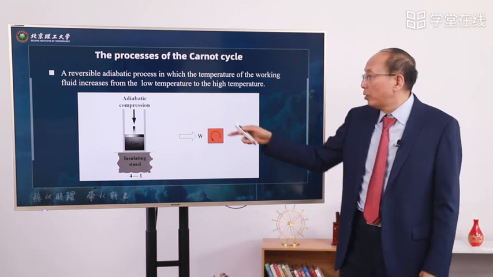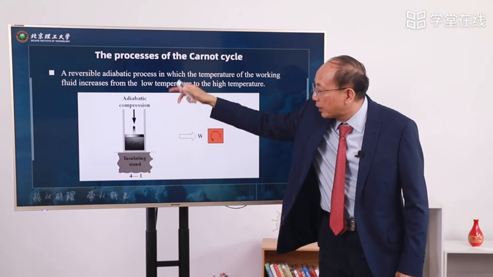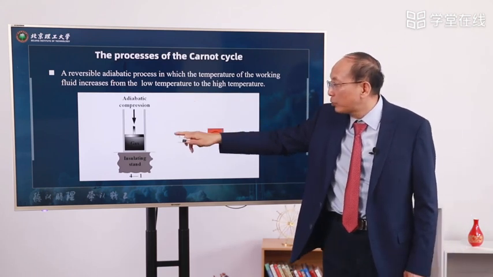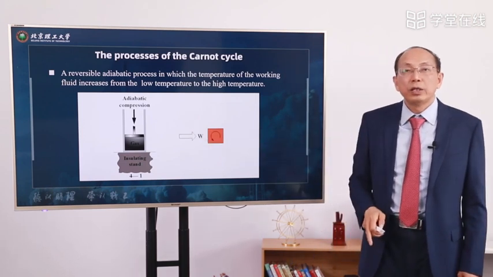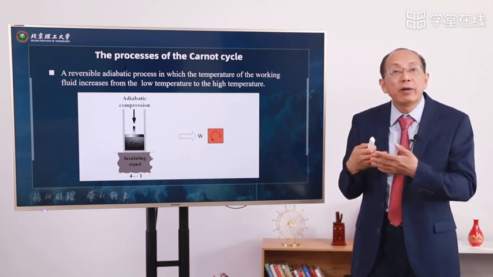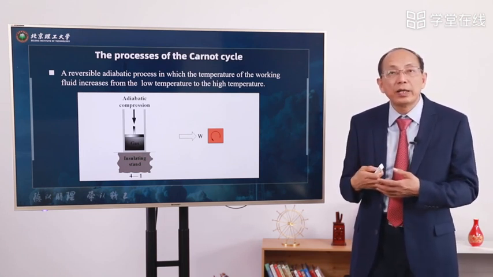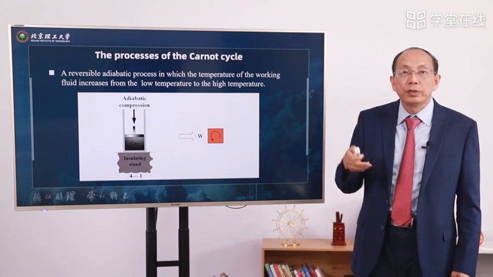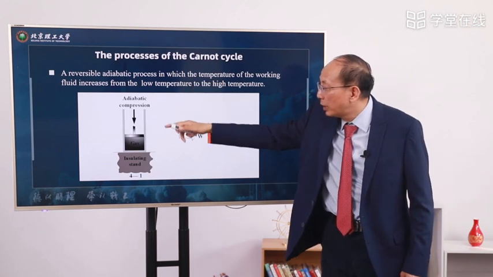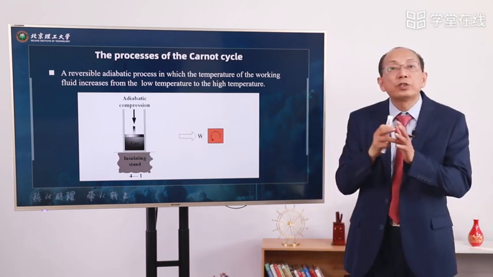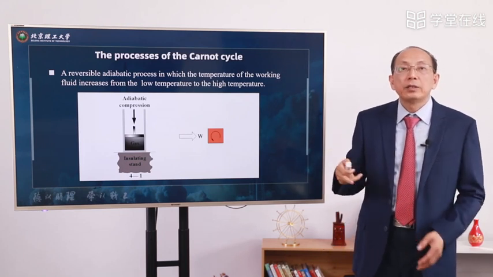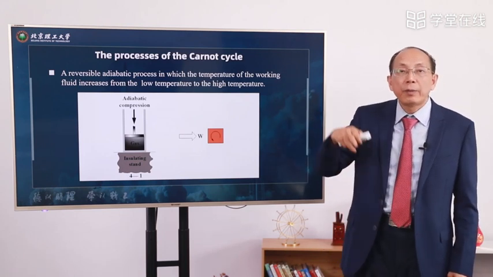Finally, the piston goes down to some extent, but the temperature is still T2, so it cannot connect with T1, the high temperature reservoir. So he hoped the temperature would increase. He let the piston be insulated and continued to compress it adiabatically.